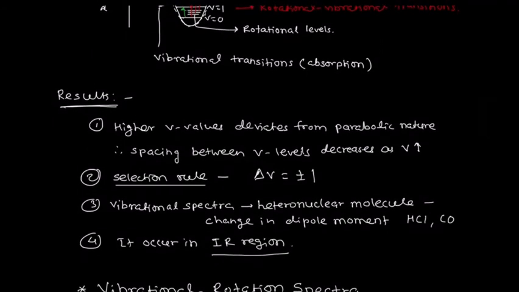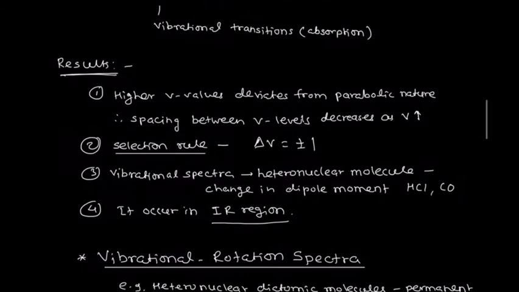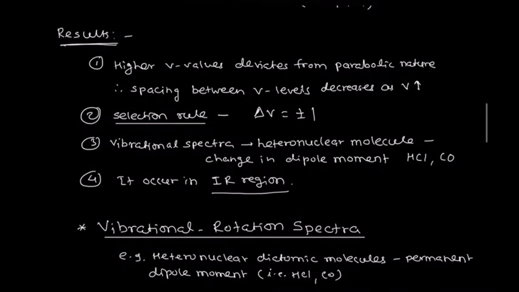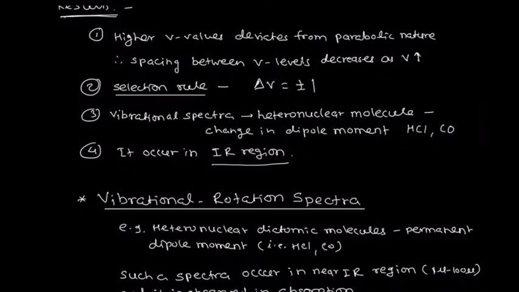Now, in the first lecture, we discussed rotational energy levels and rotational spectra. Here we know how the vibrational energy level arises and what the resulting vibrational spectra is. If we combine the two results together, we get another spectra, the vibrational rotational spectra. It also occurs in heteronuclear diatomic molecules which possess a permanent dipole moment.